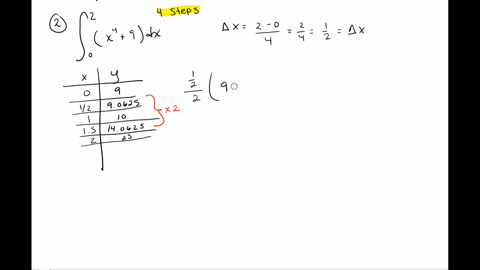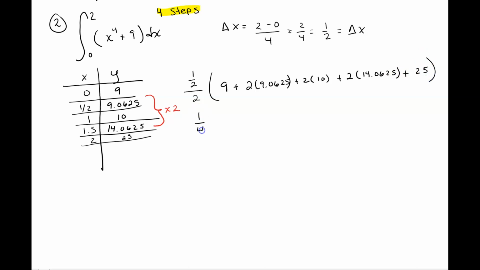So 9 plus 2 times 9.0625 plus 2 times 10, almost forgot that, 2 times 10 plus 2 times 14.0625 plus 25. We've got that there.